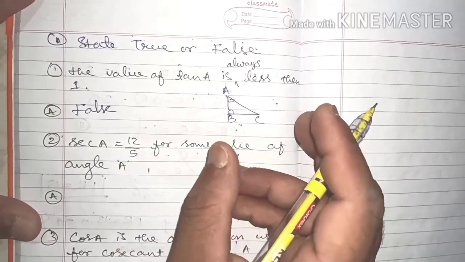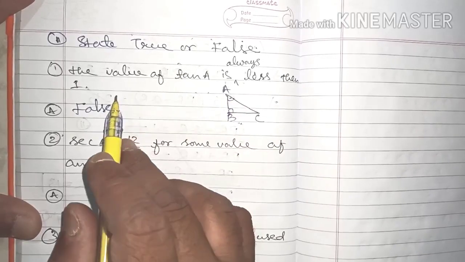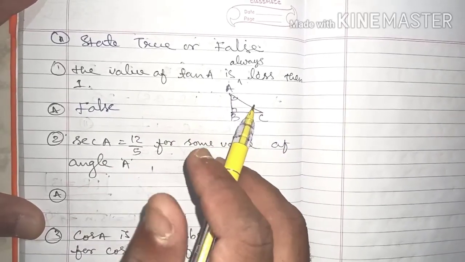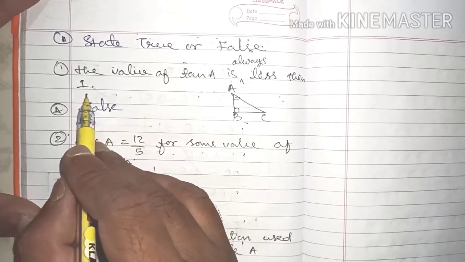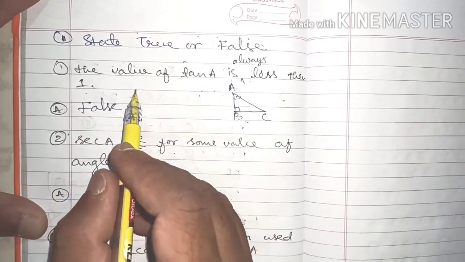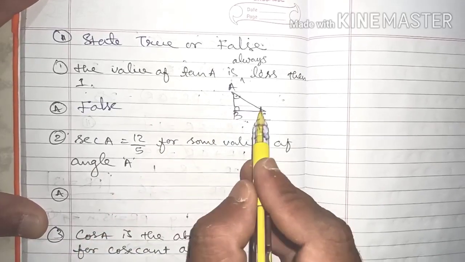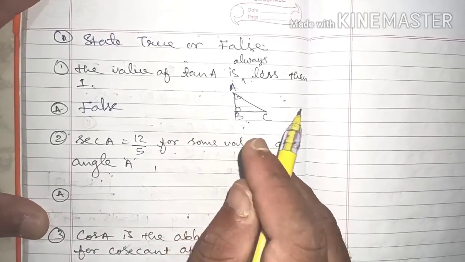Its value can be increasing, can be decreasing. So we can't stick to the claim that tan A is always less than 1. It can be more than 1. That's why it is false, as the sides of a triangle are not fixed.